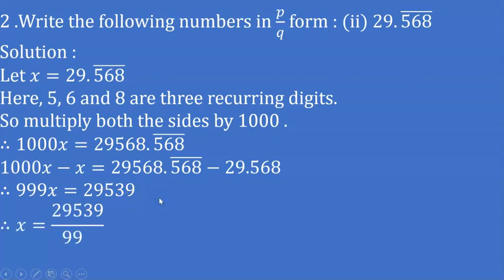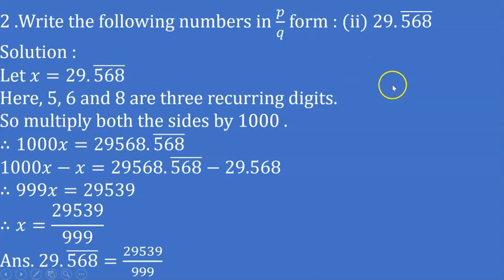Okay, and hence x is equal to 29539 upon 999, and hence the number 29.568 in p upon q form can be written as 29539 upon 999.